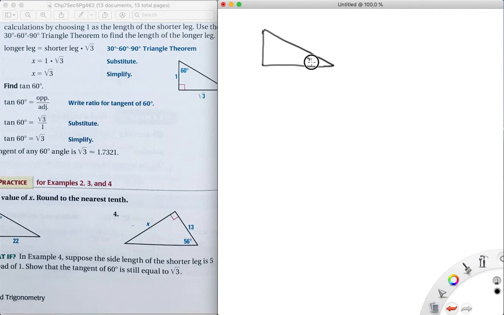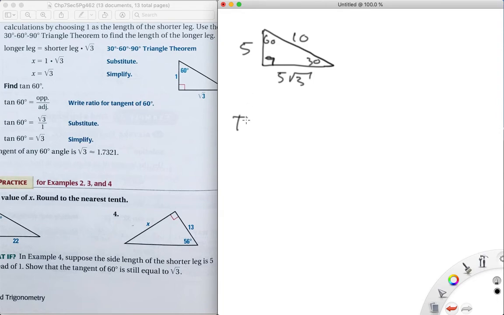We already know that this is going to be the short leg. In this case, they say the short leg is 5. So that means that the long leg is 5 root 3. And the hypotenuse is going to be 2 times 5, so this is 10. All right, they want to show when you have tangents of these, they're going to give you the same answer every time.